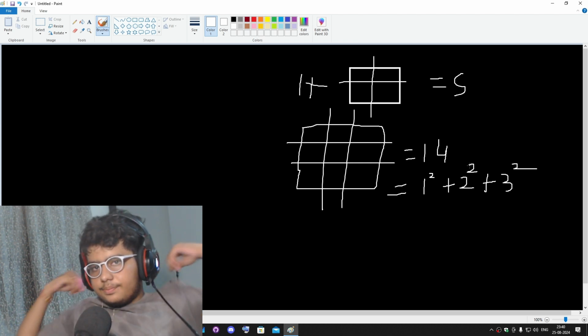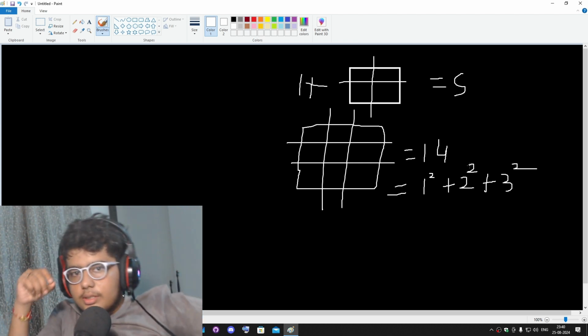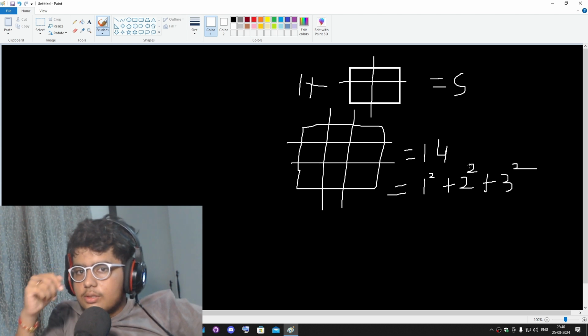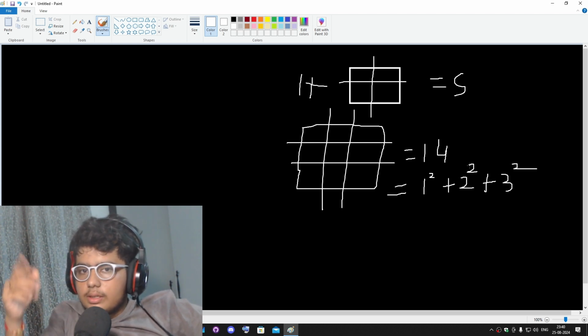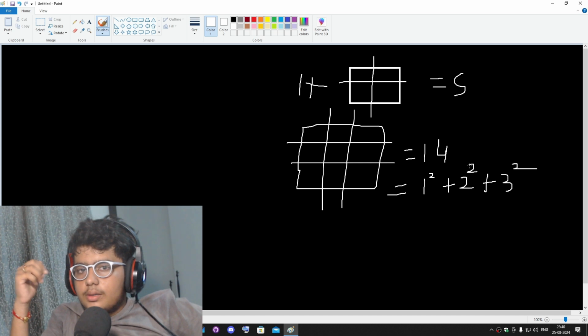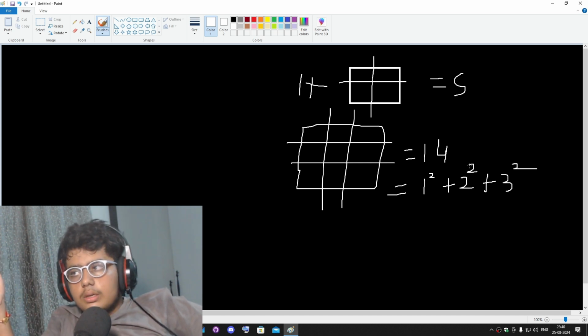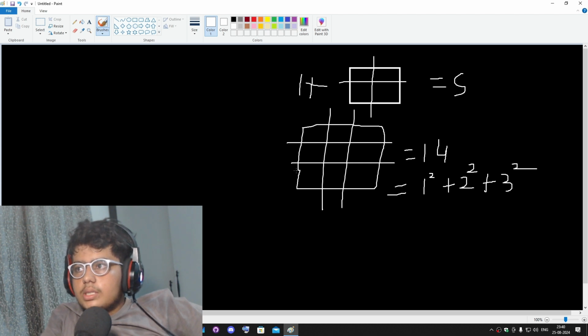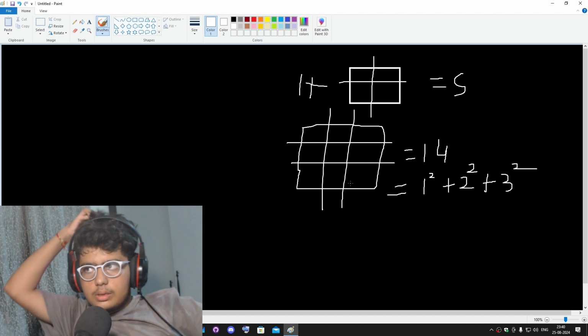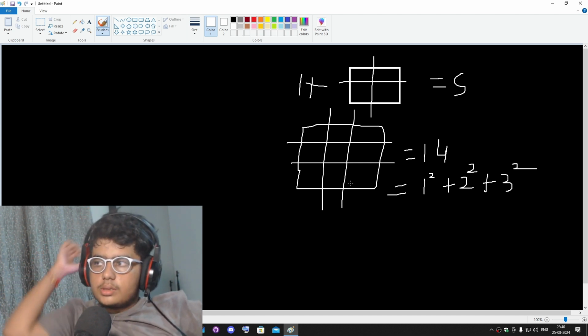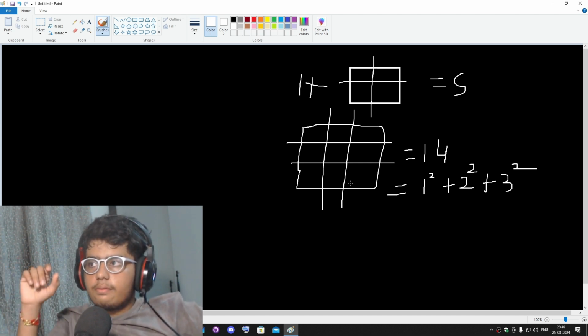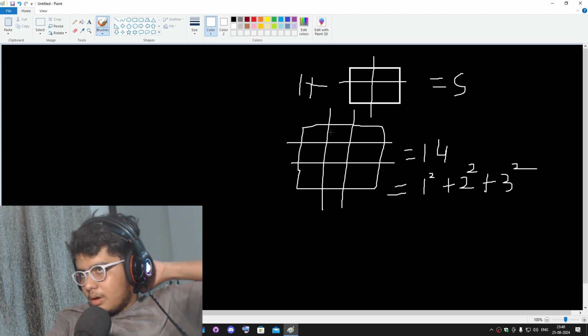So the difference between just giving it and sorting it out yourself is this. I could have given you the direct formula: if you want to know how many squares are in this table, it is the sum of squares from 1 to the number.